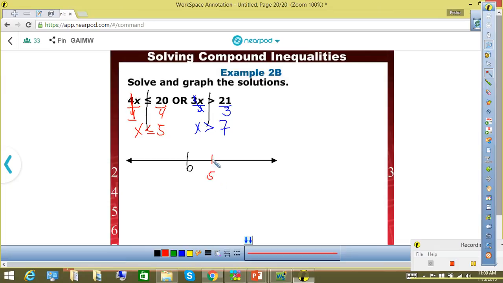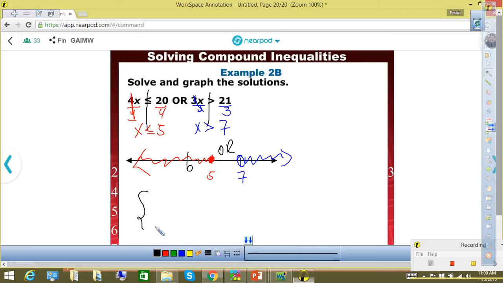Closed point. To the left. Okay. Next one is 7. Open. And what kind of graph is this? Or. Solution set x such that x less than or equal to 5 or x greater than 7.